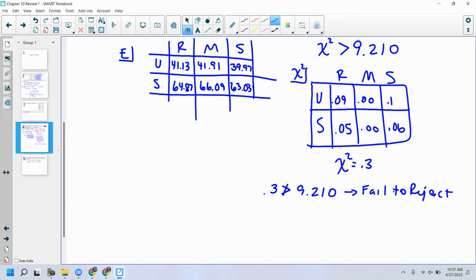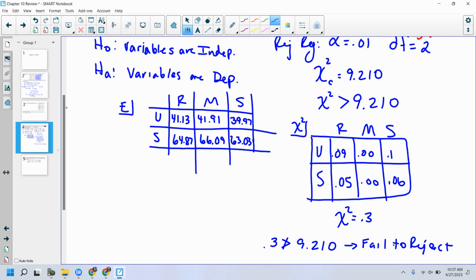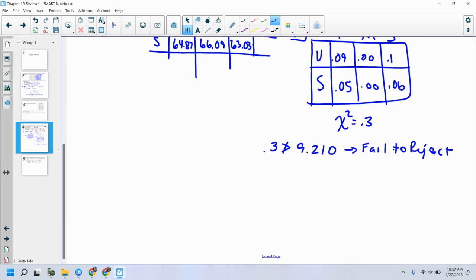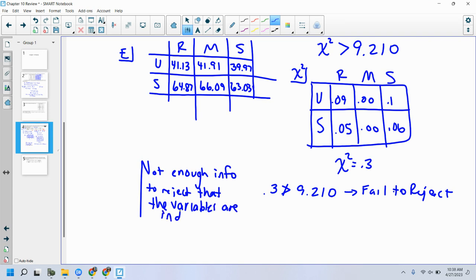So we can say that there's not enough information to reject that the variables are independent.